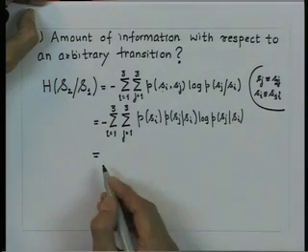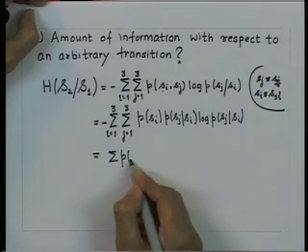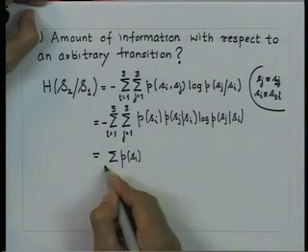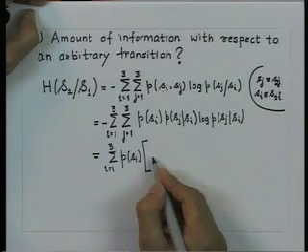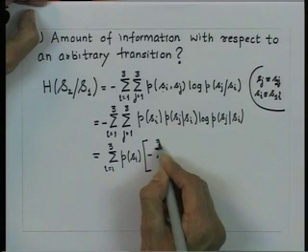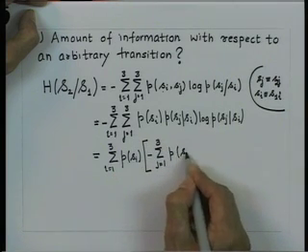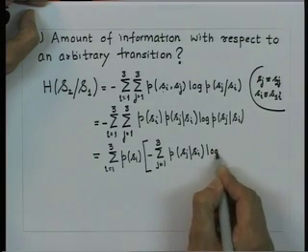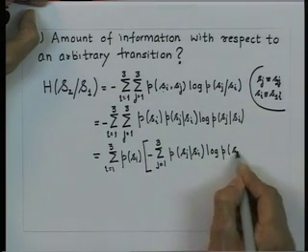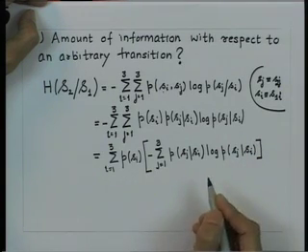Now, this I can simplify as I can remove probability of Si outside the bracket, log of probability of Sj given Si.